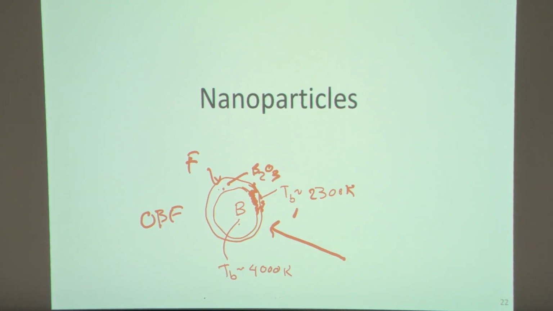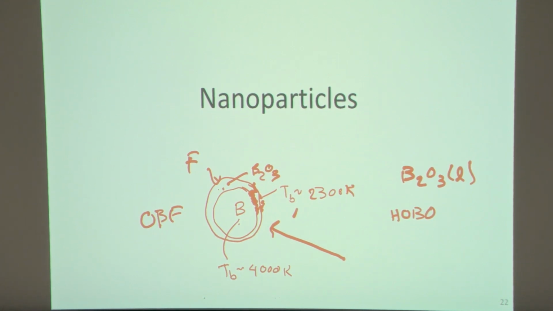Now, the other problem with boron is that to get all the energy out of the system, you would like to have it form B2O3 liquid. The problem is, if I look at what's going on in the gas phase, instead of forming B2O3 liquid, if there's hydrogen around, what I form is a species called HOBO.